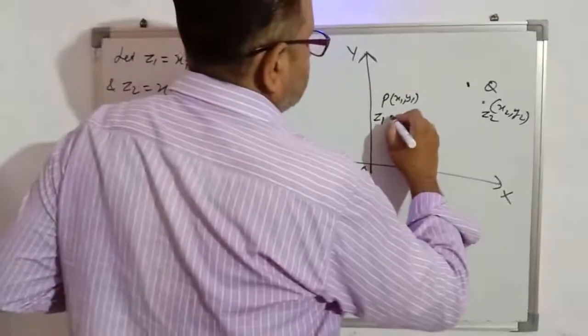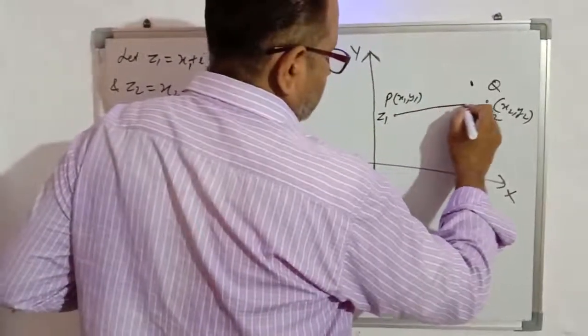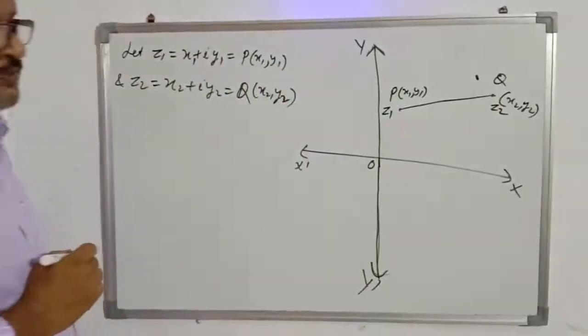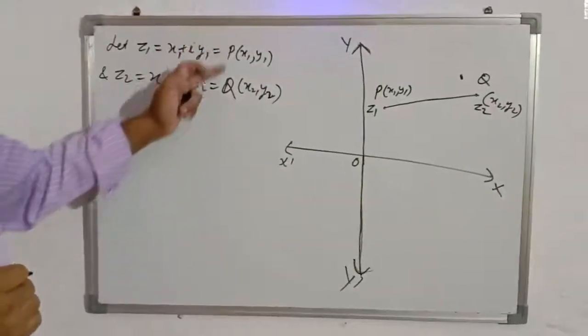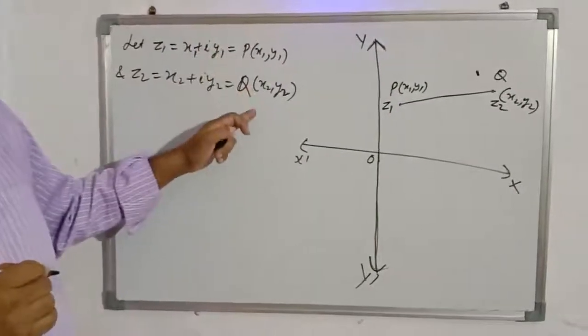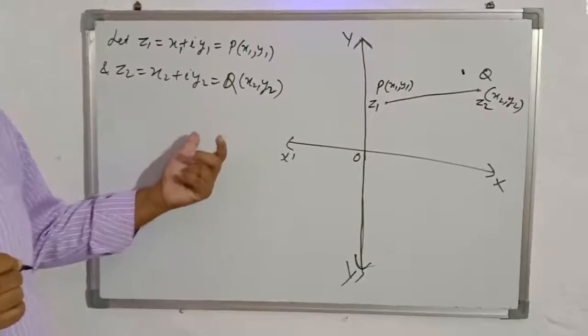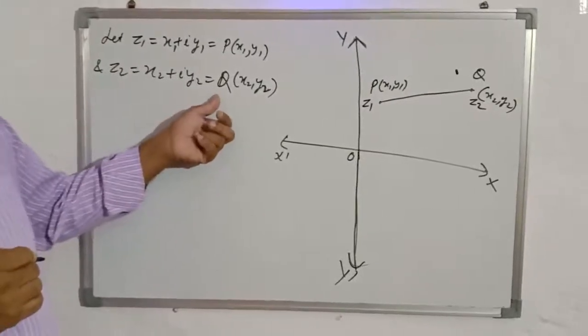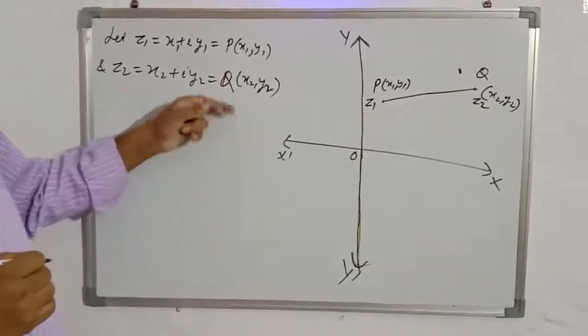So what will be the distance between these two points P and Q? For the distance between the corresponding points PQ, we can use the distance formula as you have already studied in coordinate geometry.